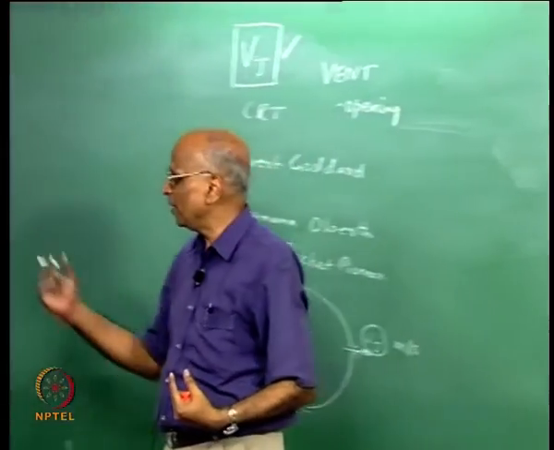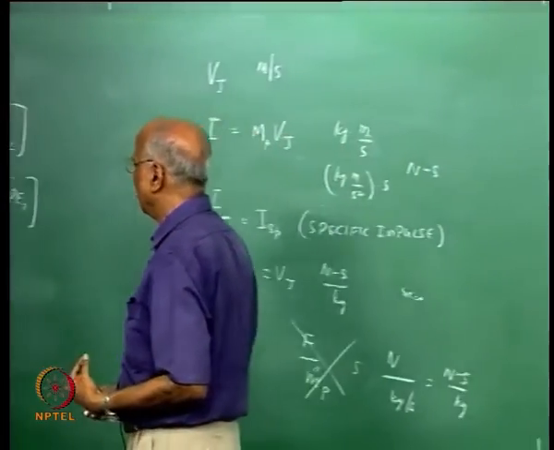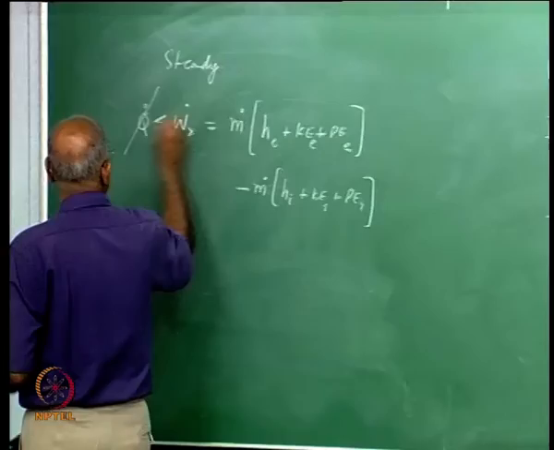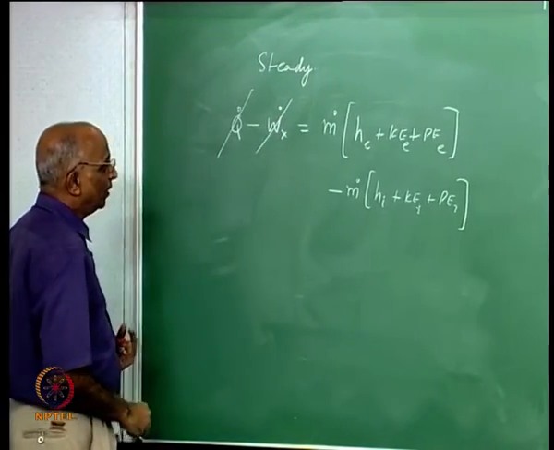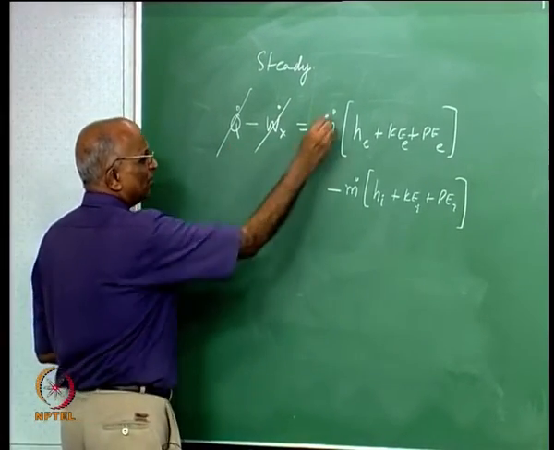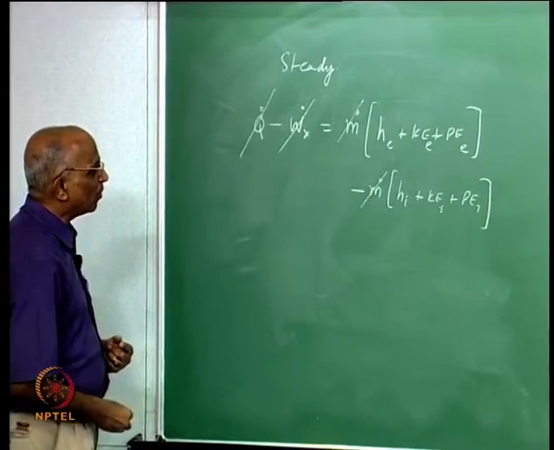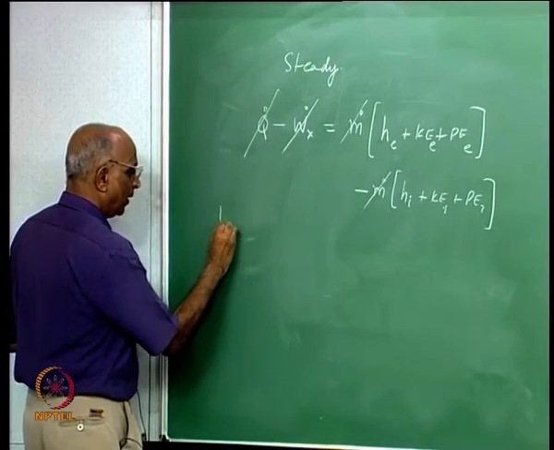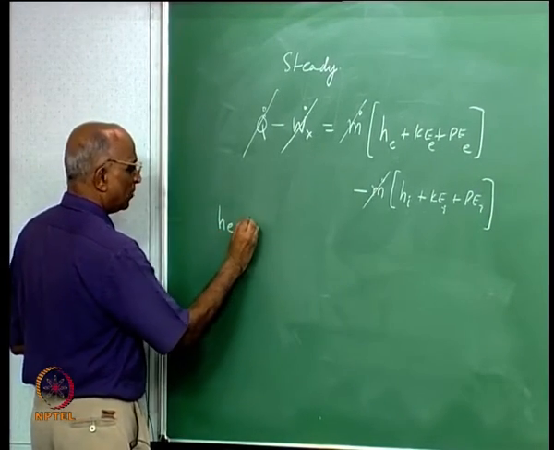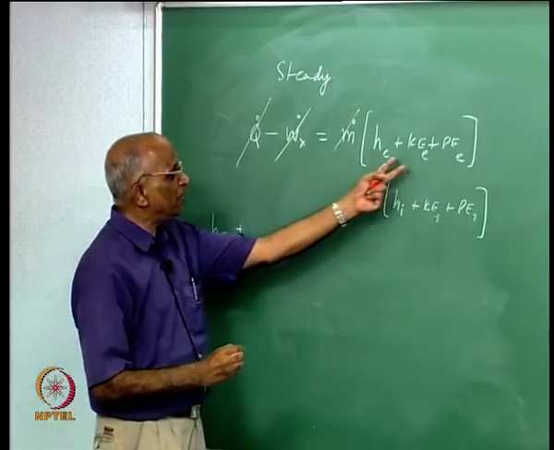Let us simplify it, let us see what could be done. We told ourselves Q dot is 0, W dot x is 0. We also find this left hand side is 0, therefore m dot, that is the rate of flow, drops out. Therefore, I have He plus what is the kinetic energy per unit mass?